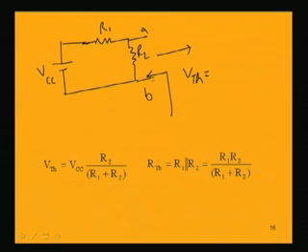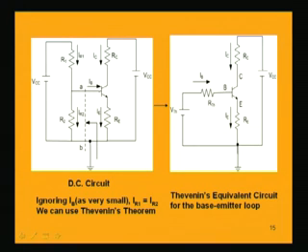It is a voltage division, provided this base current is ignored. Only if the base current is ignored can we find Thevenin's equivalent like this, because if a base current flows, then IR1 and IR2 will not be equal.